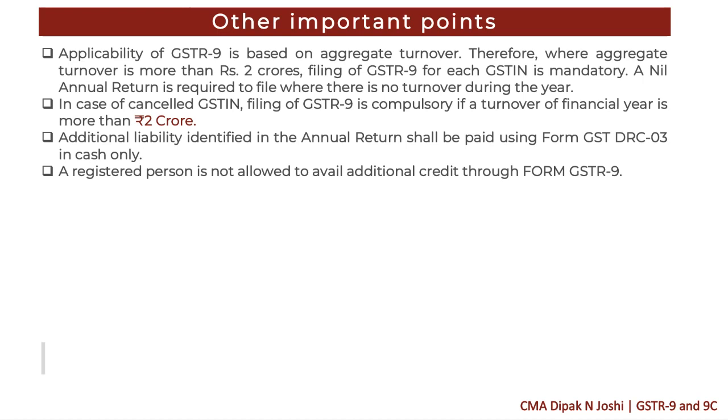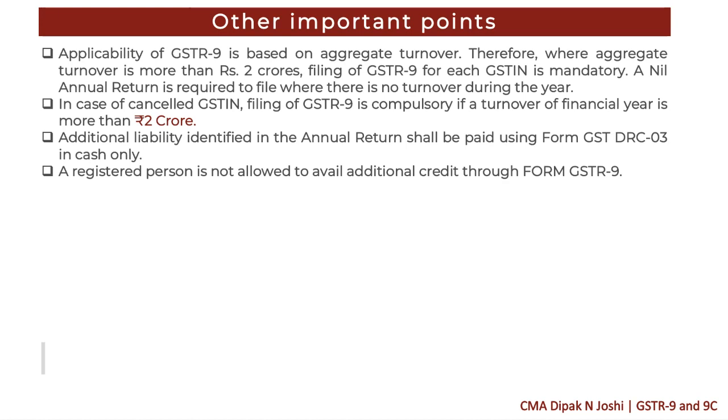And if tax in respect of those transactions is not already paid by the registered person, he can pay that liability using form DRC 03. Now it is important to understand that such additional liability is mandatorily to be paid through cash ledger only.